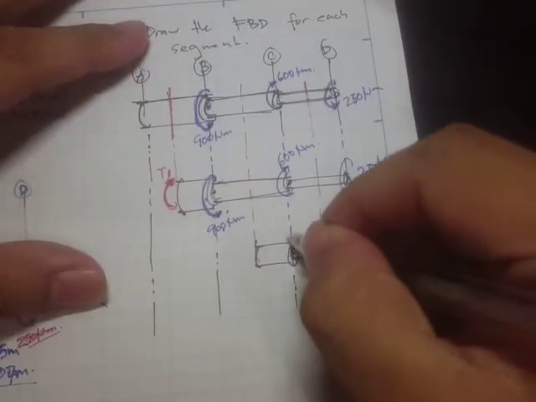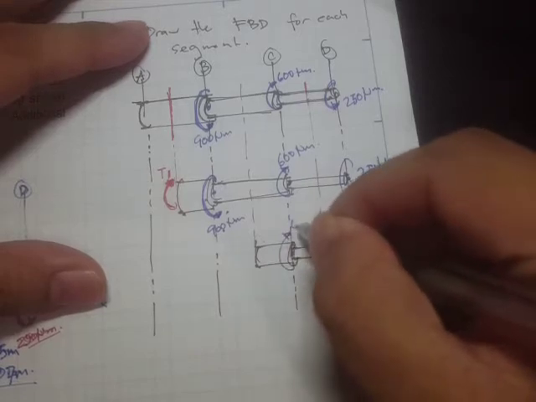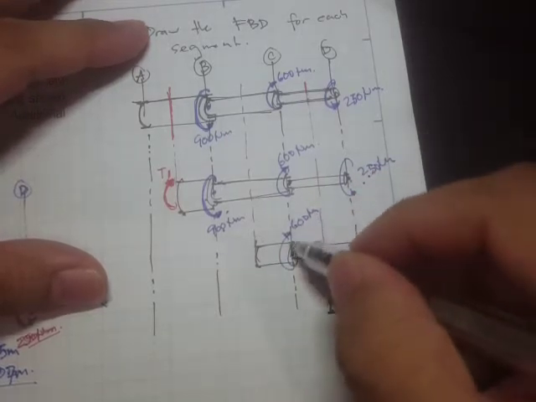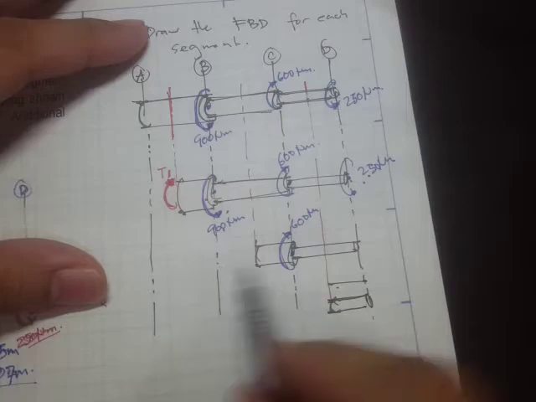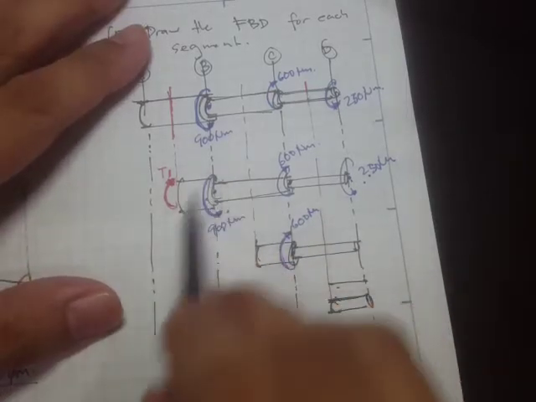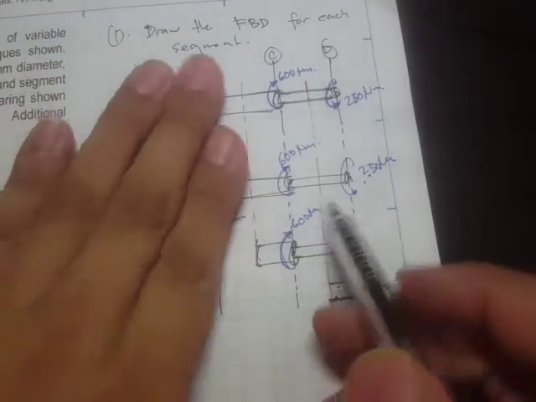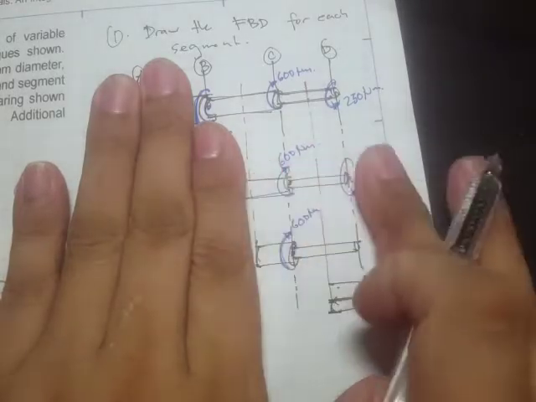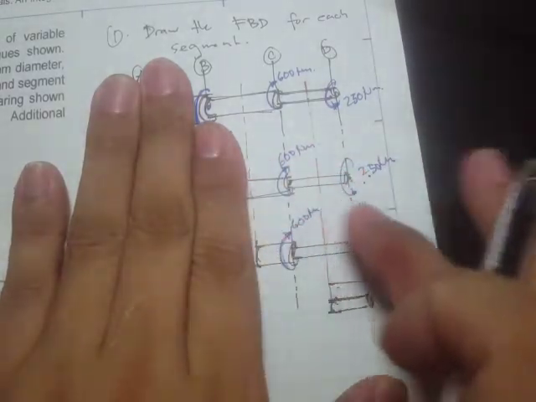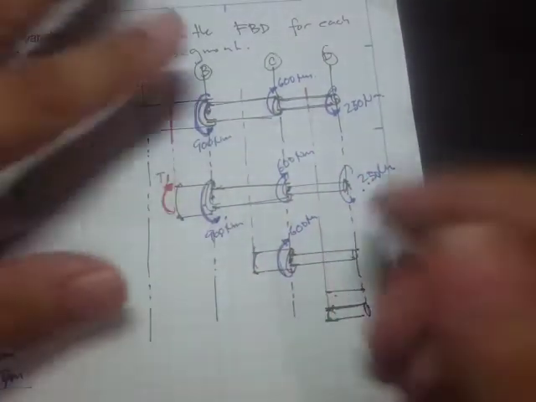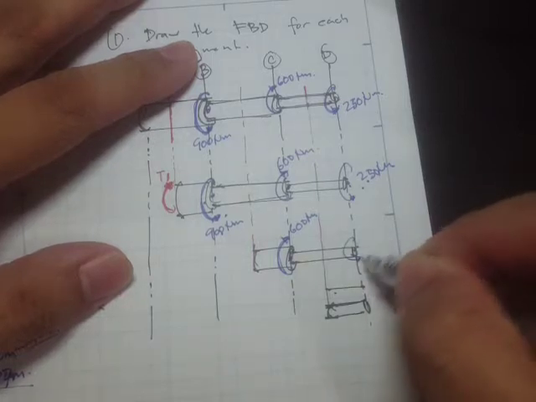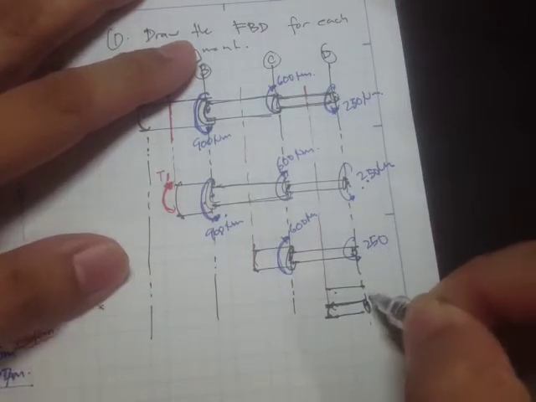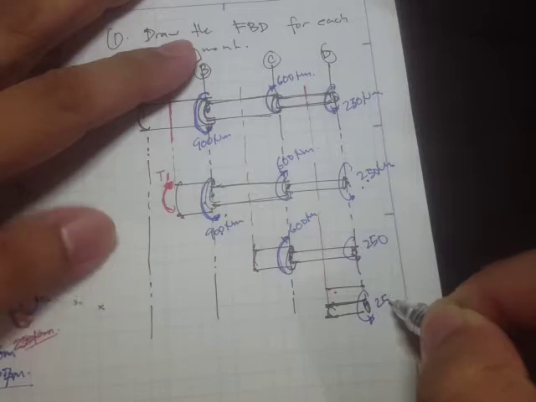Okay, so let me redraw again. This is 600 Newton meters. So in this section we don't need this value because we are only referring to this loadings or the portion of the shaft right here. And this one is 250, and right here this is 250.